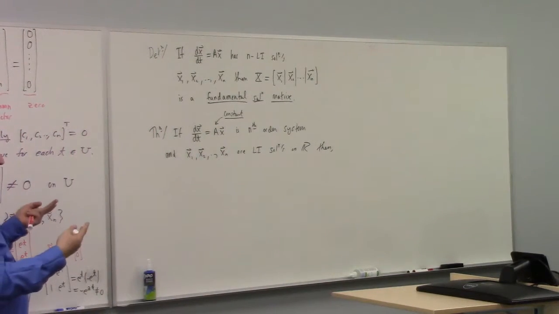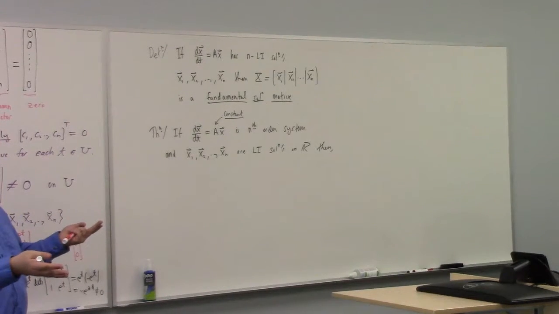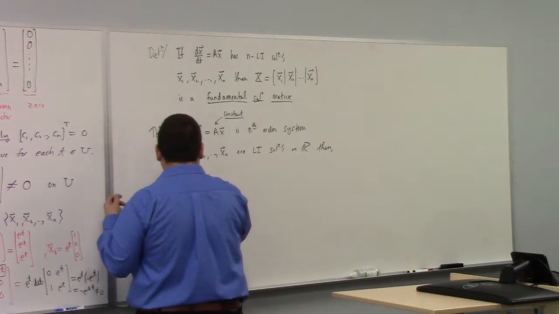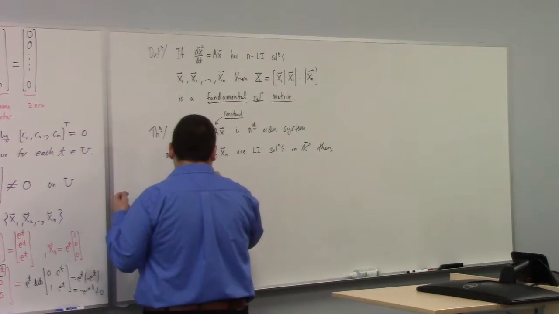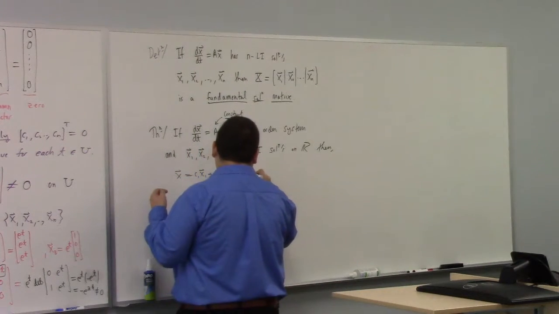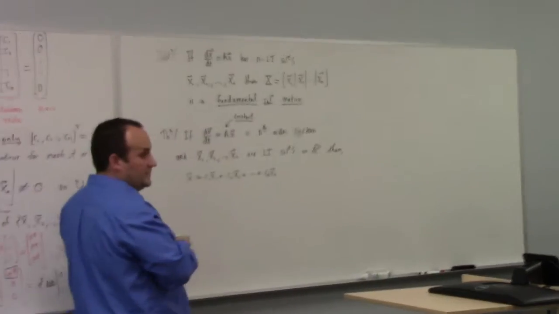So suppose you have n linearly independent solutions defined on the reals. Then x = c1x1 + c2x2 + ... + cnxn is the general solution.